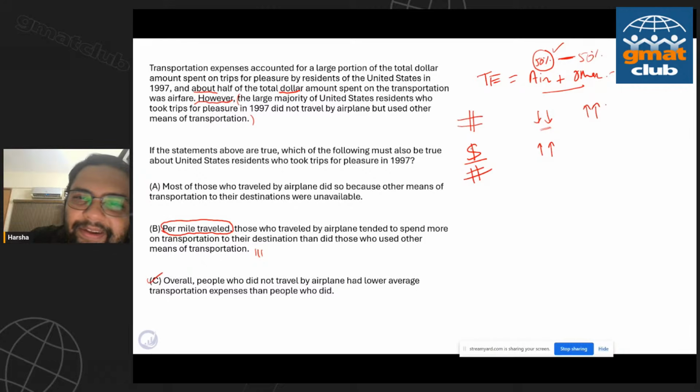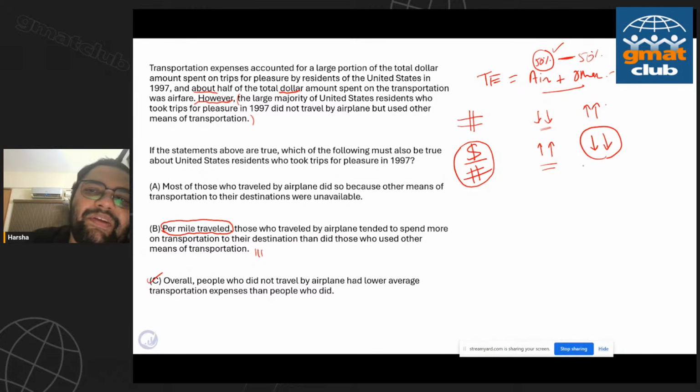Clearly, the travel expense per person must be ridiculously high to compensate. Or in other words, the dollar per person for people who use other modes of transport must be correspondingly very low. If this is clear, you can see instantly why choice C is right.